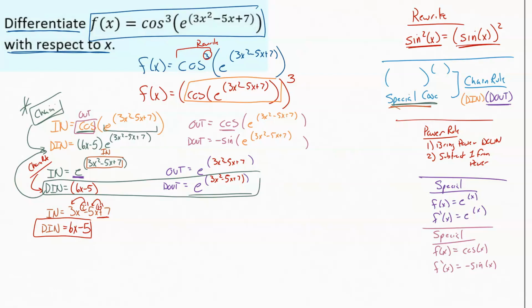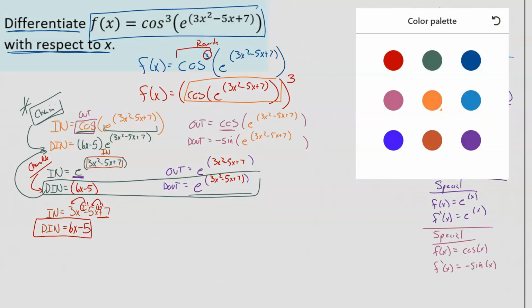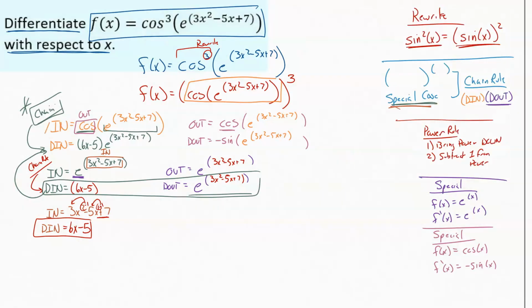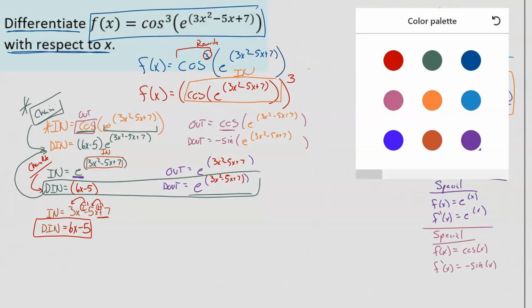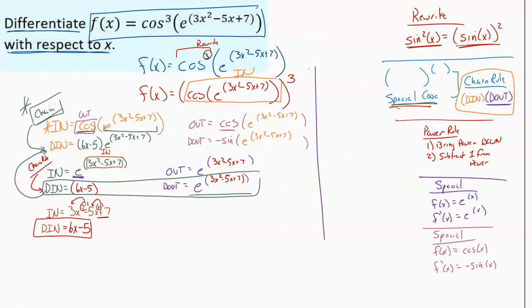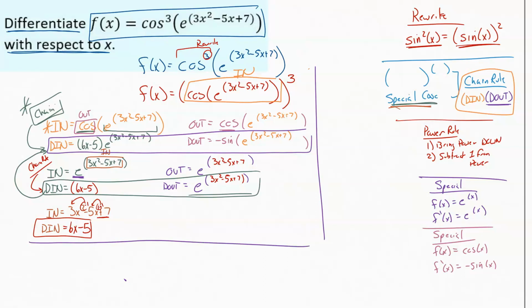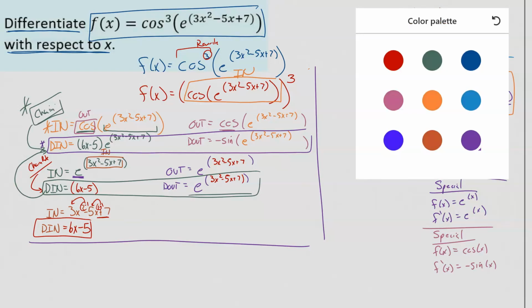So then the weird thing here is that this all really began because this was our original in from our original chain rule recipe. So really right now, we have our d in, d out that we're going to need to put together our full d in up above here. So this is our final derivative here.